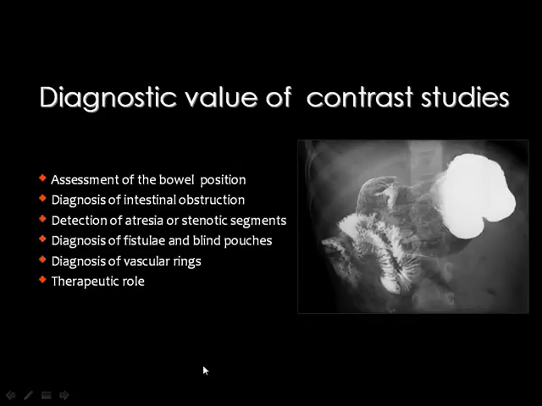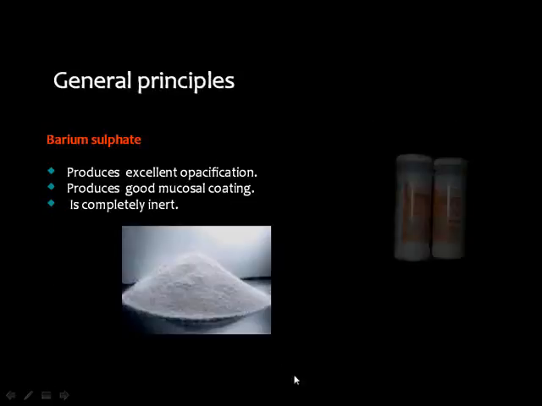The contrast studies are directed at assessment of the position of the bowel in cases of malrotation, diagnosis of intestinal obstruction, diagnosis of atresia and stenotic segments, diagnosis of fistulae and blind pouches, diagnosis of vascular rings, and some therapeutic roles.